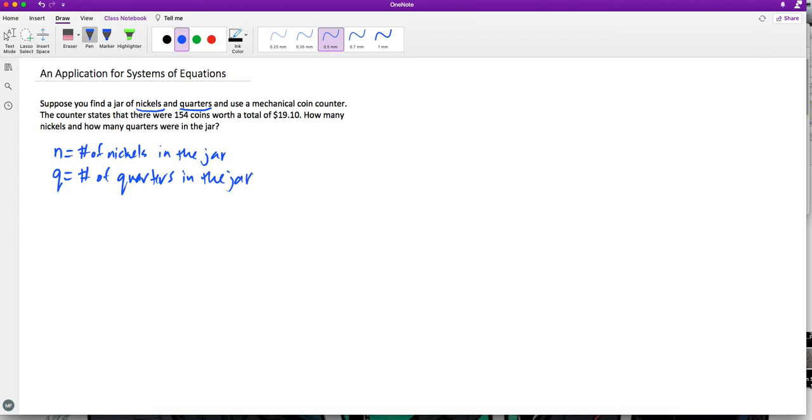There are a couple of things we have here. We have that there were 154 coins. What that tells us is if you take the number of nickels and add that to the number of quarters, you should have 154. In other words, N plus Q equals 154.